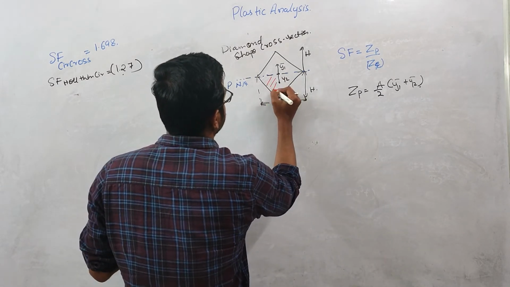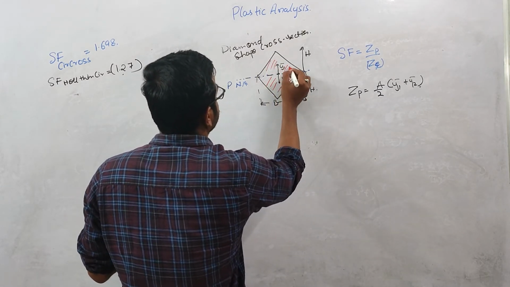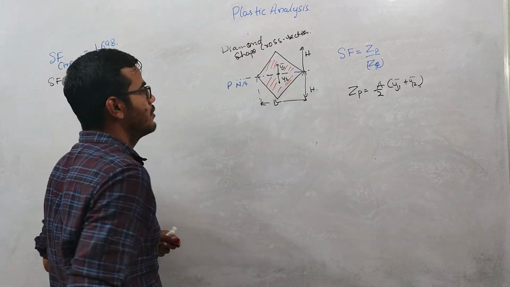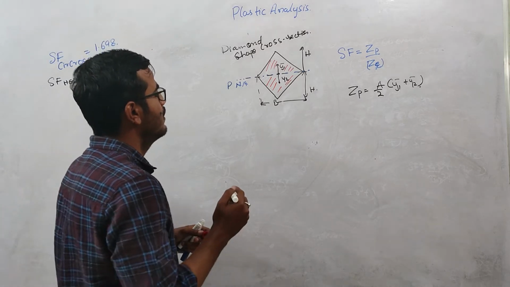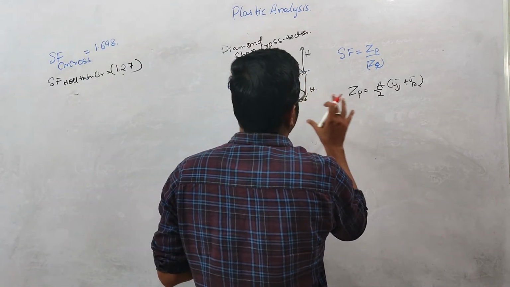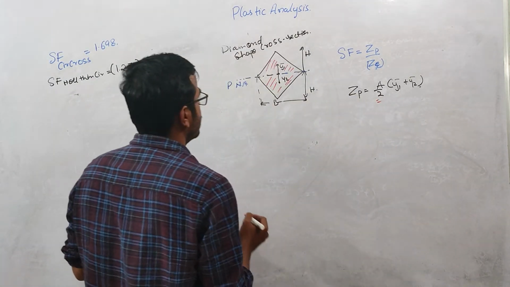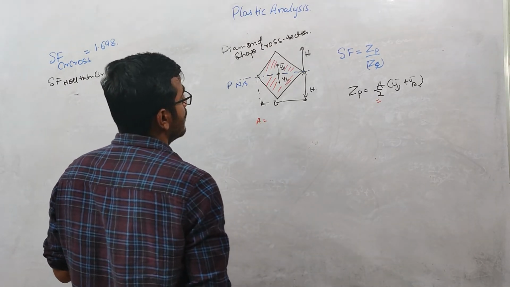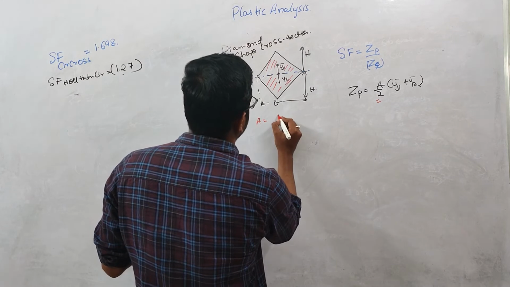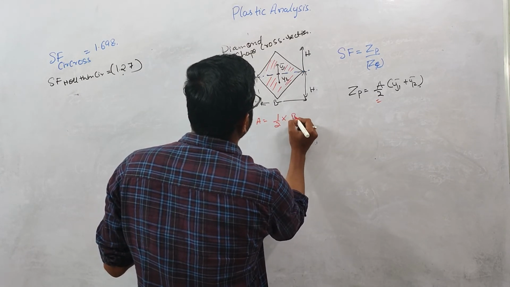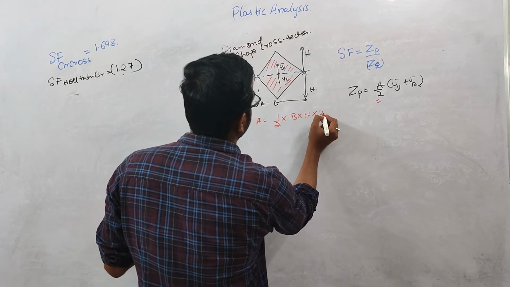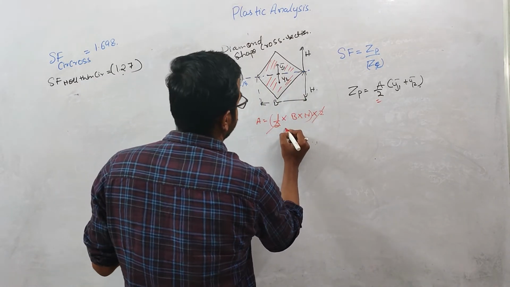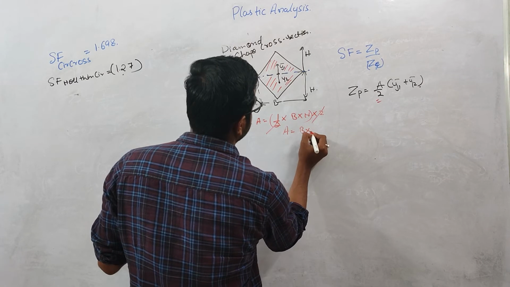This is A by 2, this portion, and again this is A by 2 above this plastic neutral axis, and one area is below the plastic neutral axis. We will put all these values into this formula. So area will be half into b into h into 2, because there are two cross section areas, so area is equal to b into h.